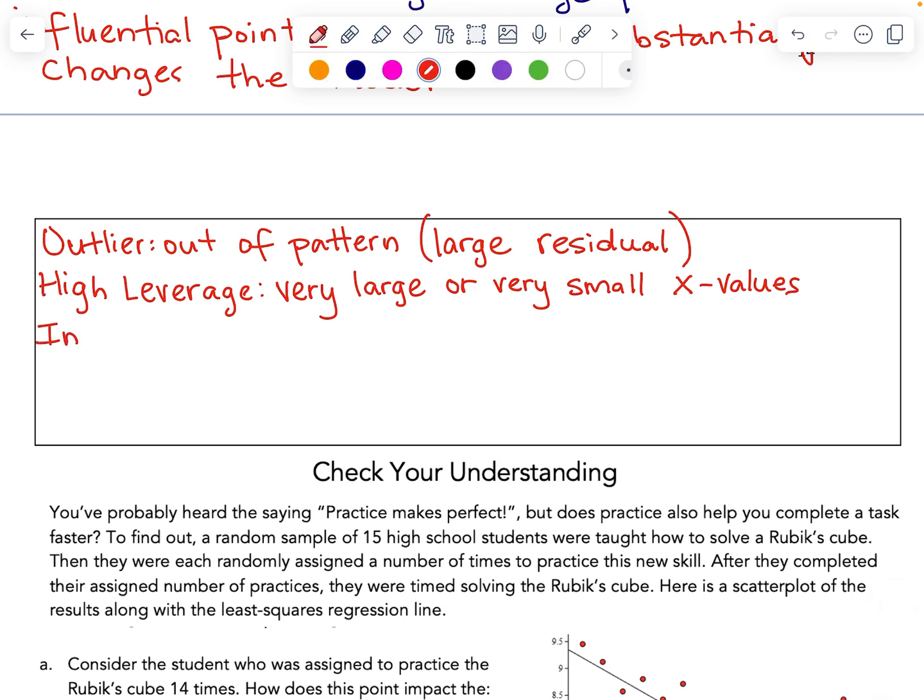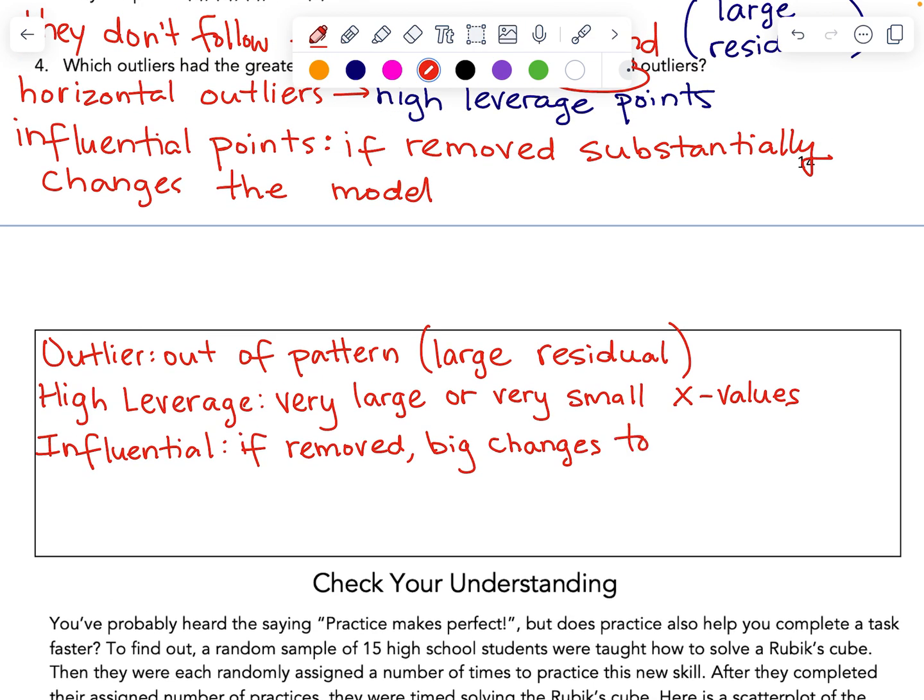And then what does it mean to be influential? Those are points that, if removed, would cause big changes to the slope, to the y-intercept, or to R, which is the correlation coefficient.